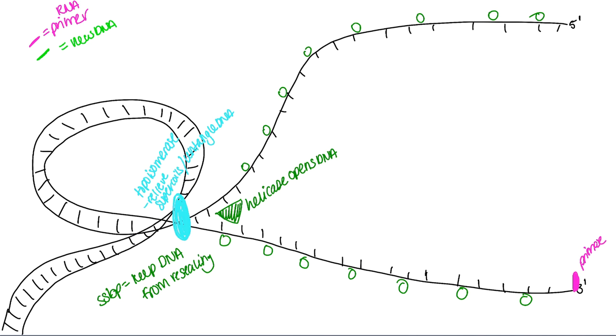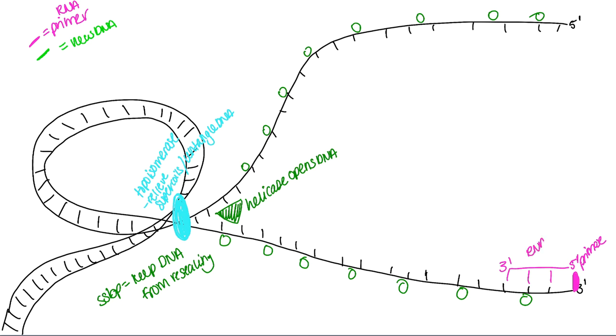And recall that when we make DNA, or when we make any sort of nucleic acid, even if it's not DNA, we are going to read DNA from 3' to 5', and we can only synthesize nucleic acids from 5' to 3'. So here we have a 3' end, which means our primer has to start at 5', and we're going to lay a short little RNA primer.